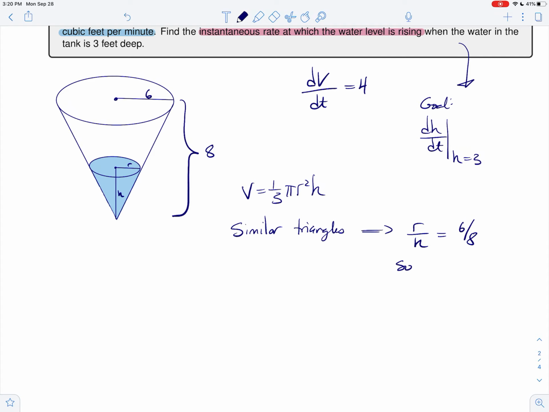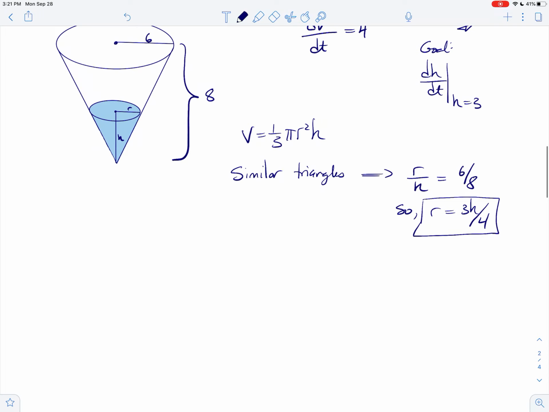Clean that up. So now you can say r is 3h/4. Okay? So now at this point, I'm going to plug this relationship into that relationship. Everywhere I see an r, I'm going to replace r with 3h/4.